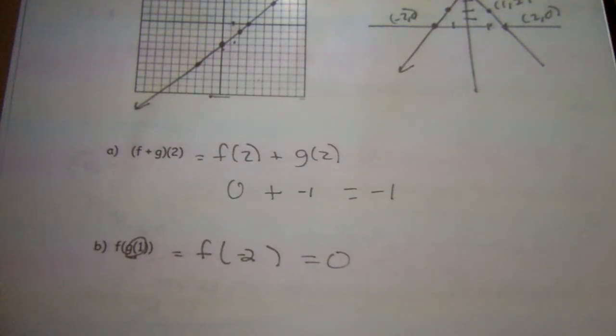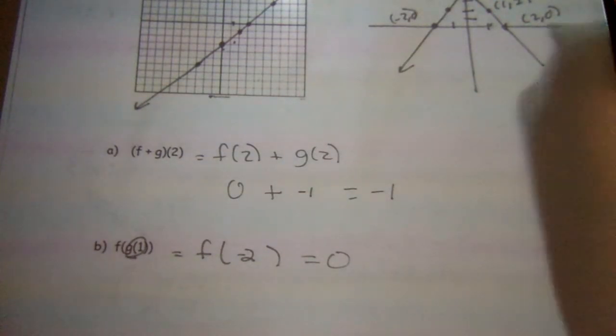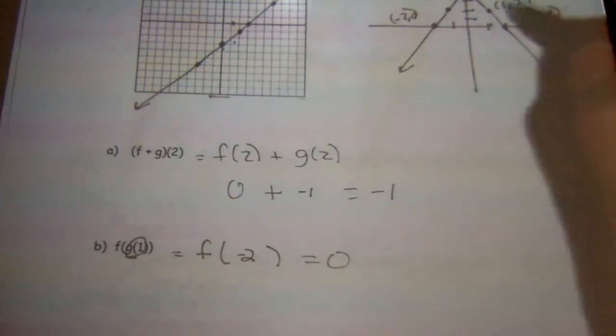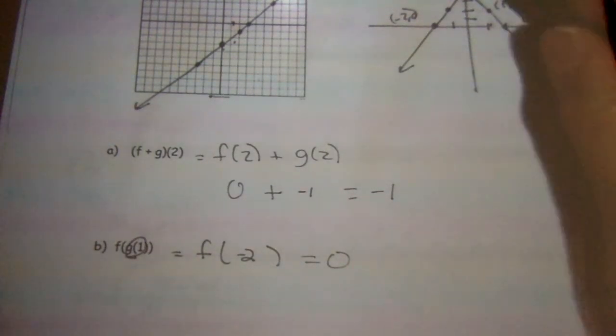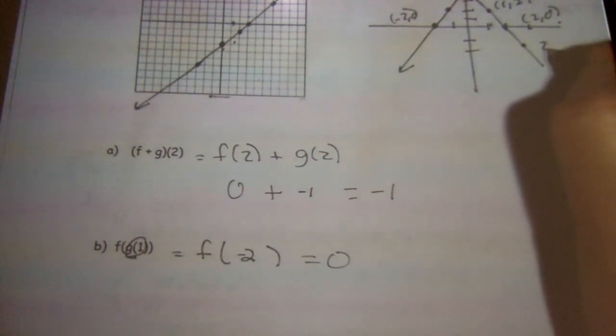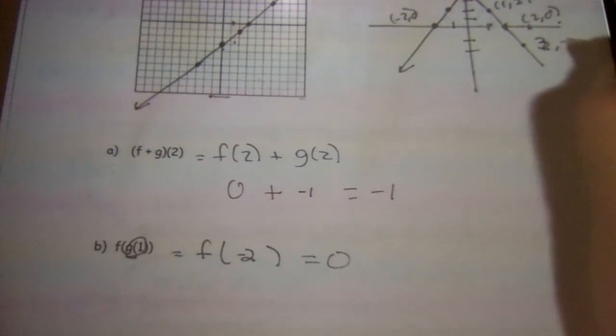What's f of 3? Right here's 3. Each of these are going, x's are going down by 1, y's are going down by 2. So that would be -2.